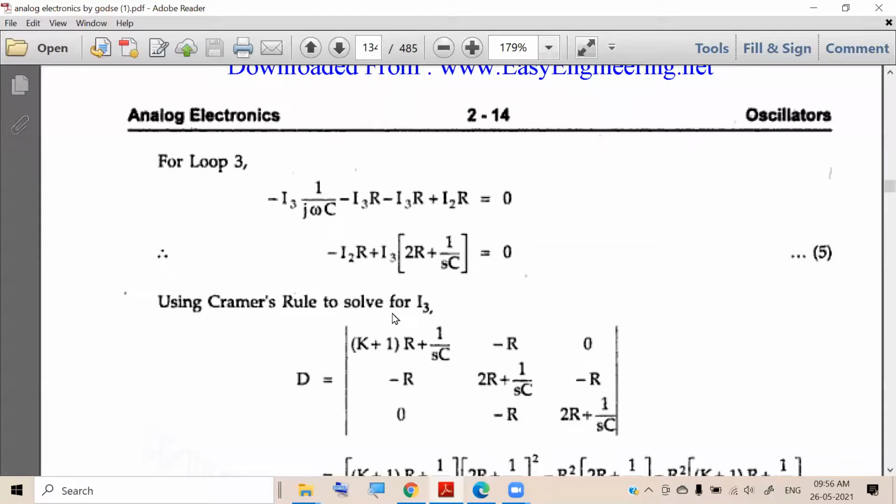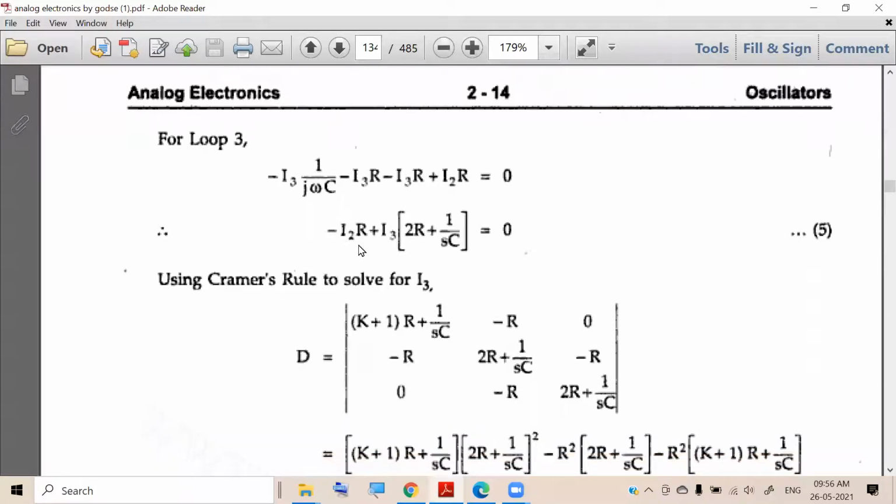Then the third KVL equation: the I1 term is 0, so the coefficient of I1 is 0. The coefficient of I2 is minus R. The coefficient of I3 is 2R plus 1 by SC.